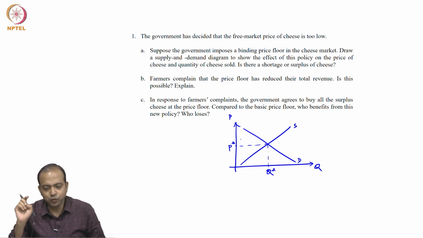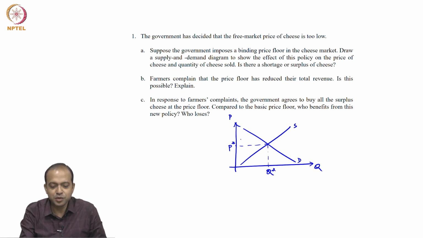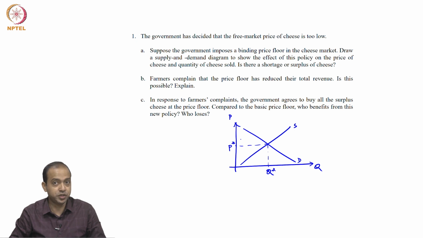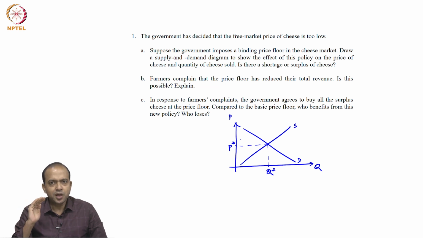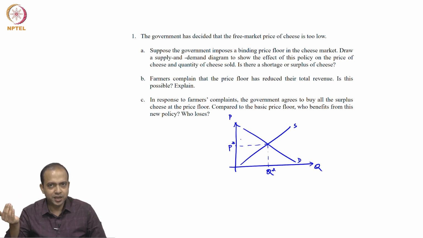So, price floor, should the floor price be lower than P star or higher than P star, that we need to understand. Here, if the equilibrium price itself is too low, then there is no point in setting a price floor which is again lower than P star, isn't it?